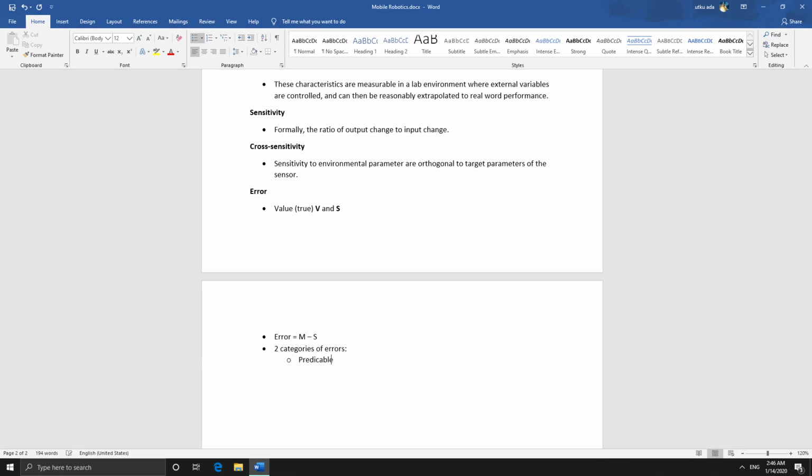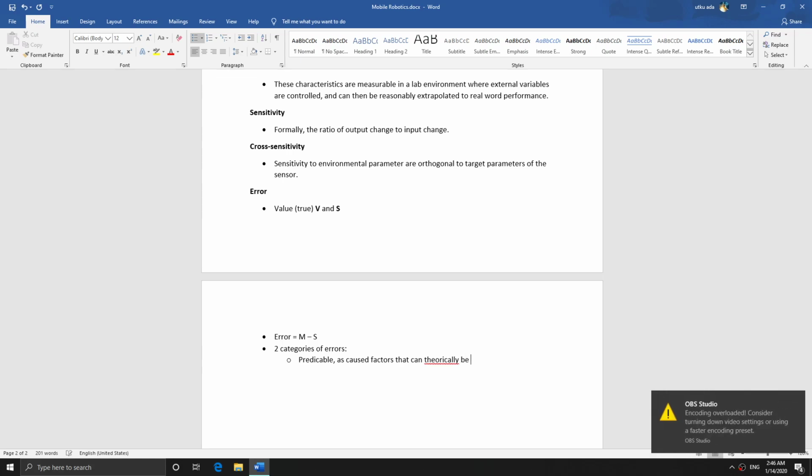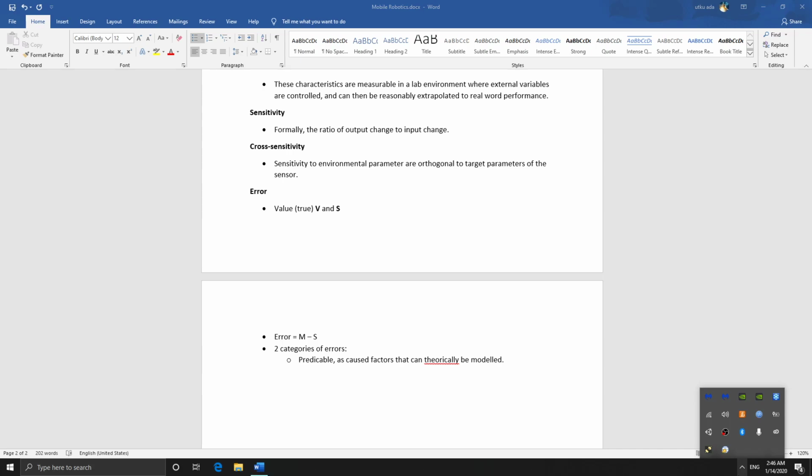So they're predictable as they're caused by factors that can theoretically be modeled.